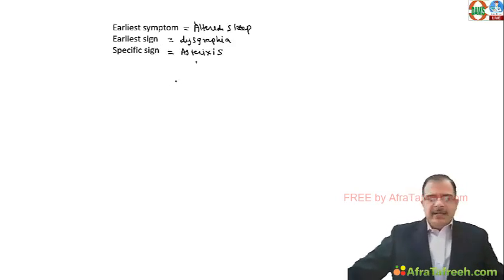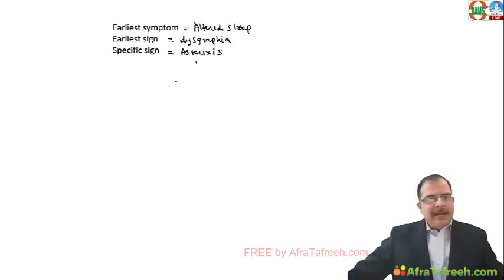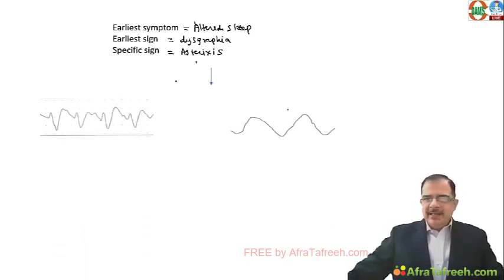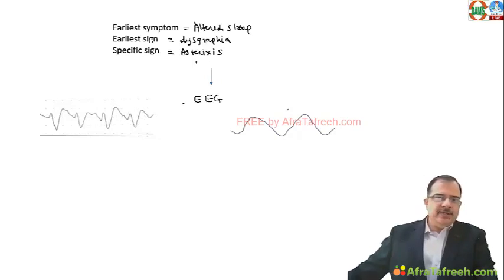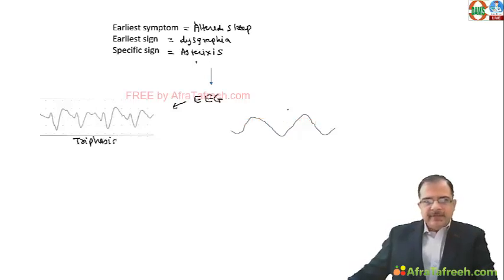So this clinical information is given to you, and you did the EEG of this patient, and in the EEG you find this type of pattern, in which there are triphasic waves, 3 phases of the wave coming. So this is a very specific EEG finding, triphasic EEG waves.